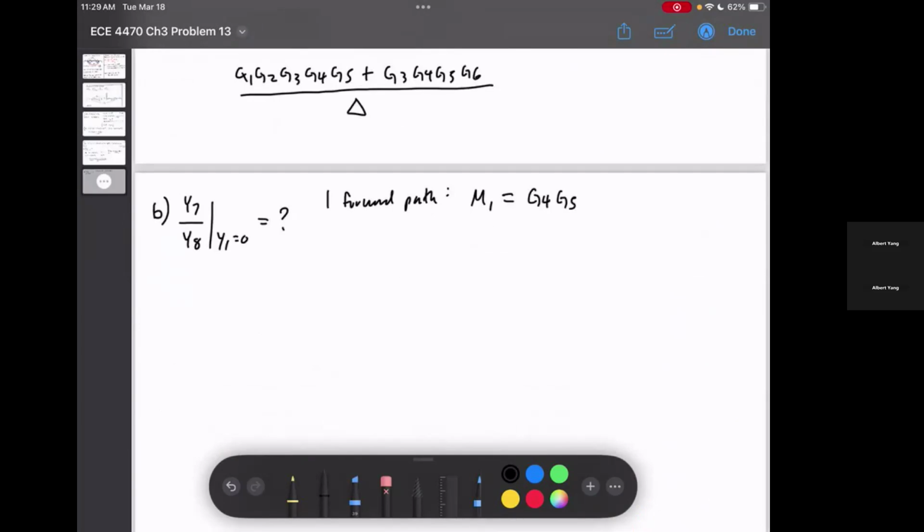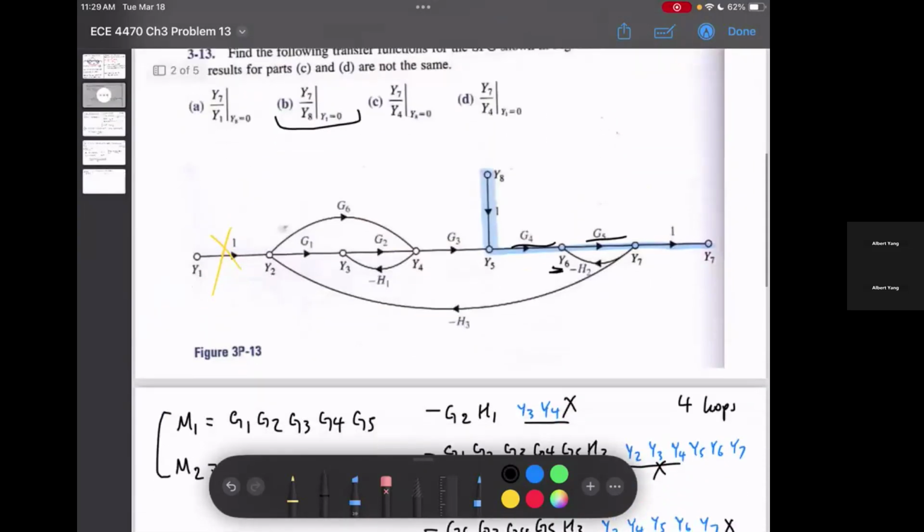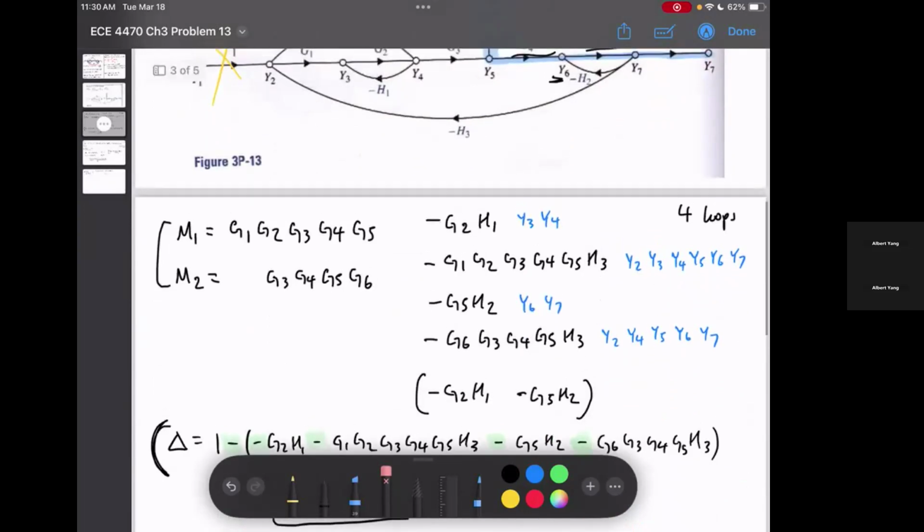And then now when we do the determinant, the first determinant, or delta 1, that's going to equal 1 minus. And then we're going to see what happens if we remove g4, g5. So if we remove g4, g5, that means y5, y6, and y7 shouldn't be there. So then we would check how many loops are still available.